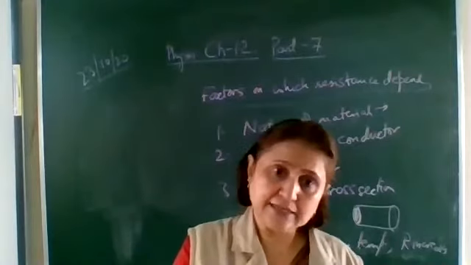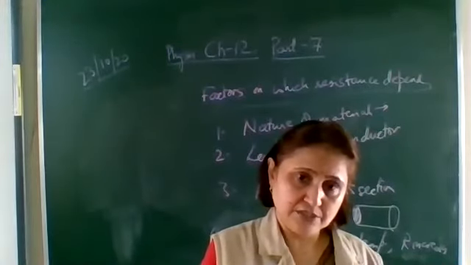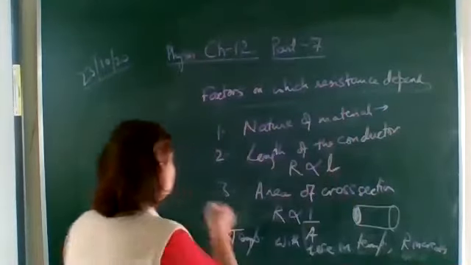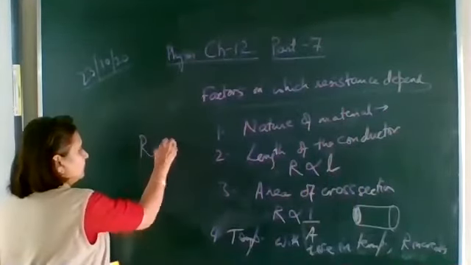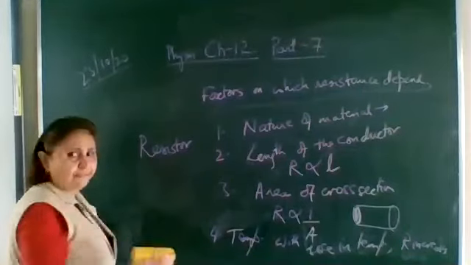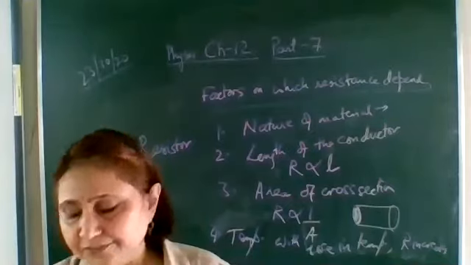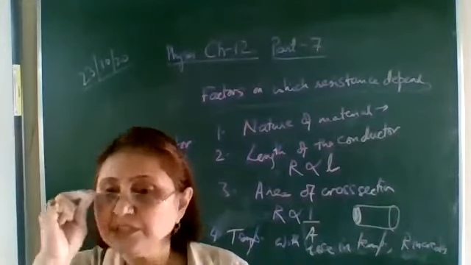And any conductor which has a resistance is called a resistor. What do we call it? Resistor. A resistor is a conductor having some finite resistance.